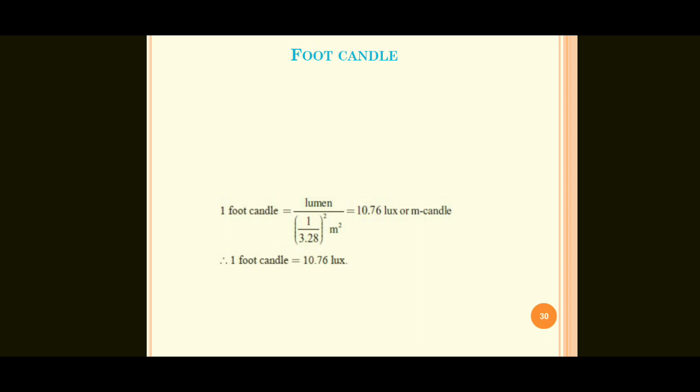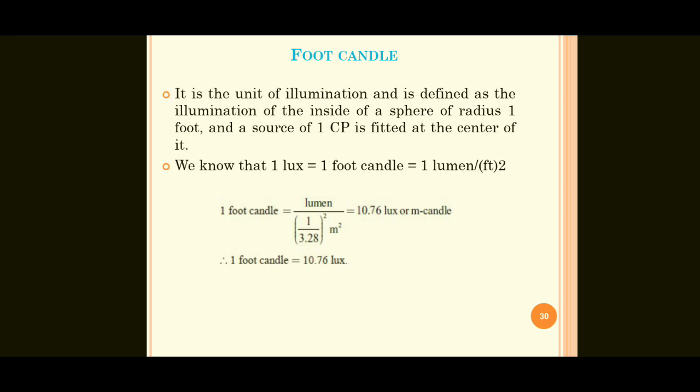Red hot means the temperature is 500 to 800 degrees, and 2500 to 3000 degrees is white hot.